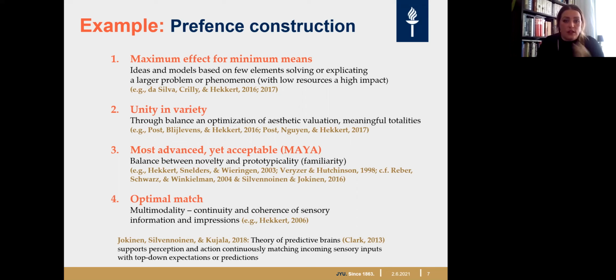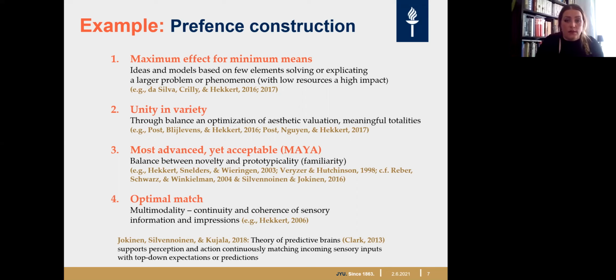And the fourth one is optimal match, multimodality, continuity, and coherence of sensory information and impressions. If we want to effectively communicate something, if we focus on delivering the same mental information contents of mental representations, for example, elegance, if we focus on communicating elegance through sight, through sound, through touch, then the overall impression is stronger and the information is processed fluently.